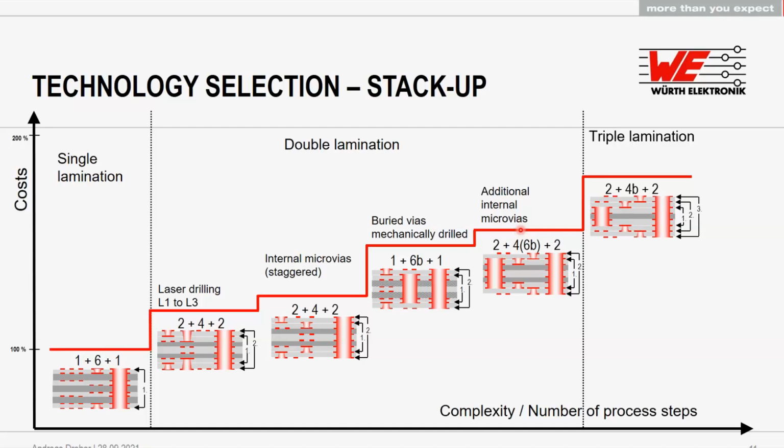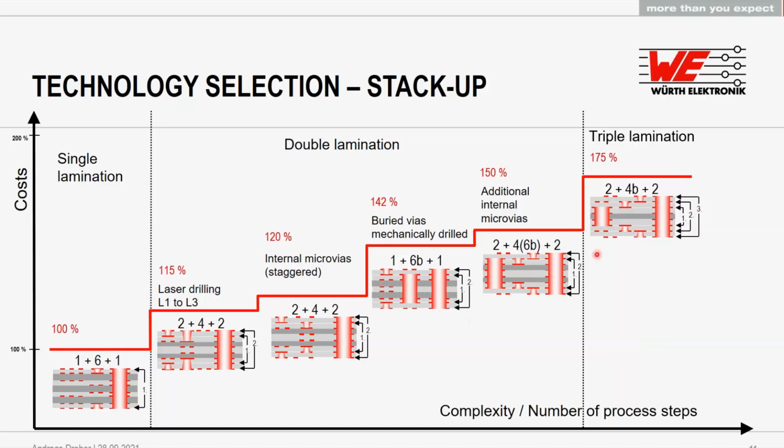If you need even more space for the fan out, you can go through a triple lamination. Then we build a simple 4-layer, drill it, fill the hole later, add in a sequential build-up more microvia layers, and you have this construction as shown.